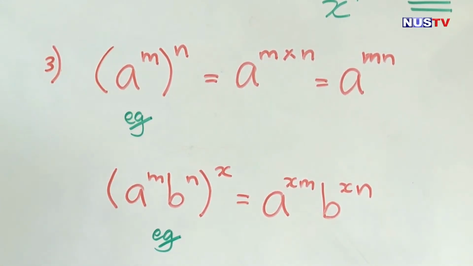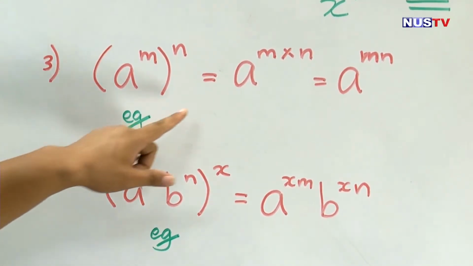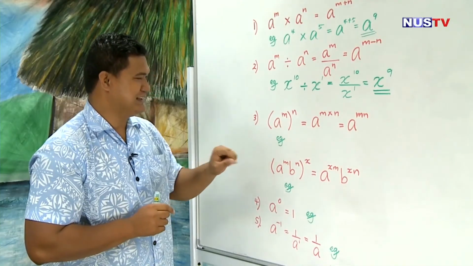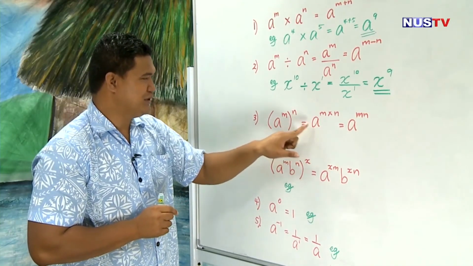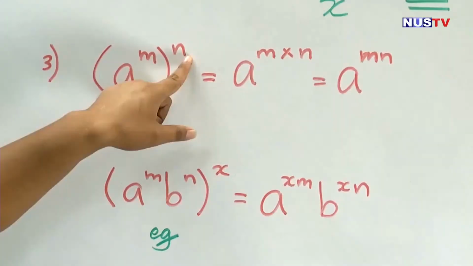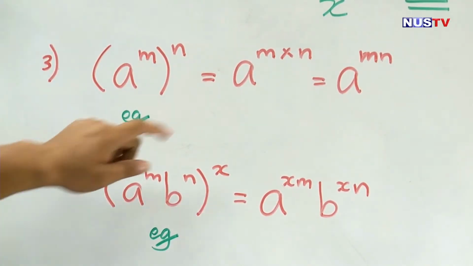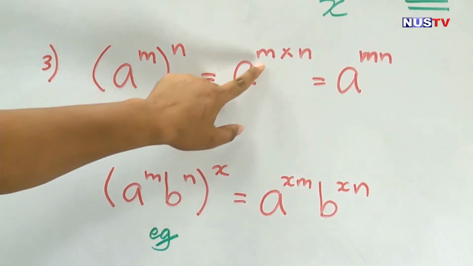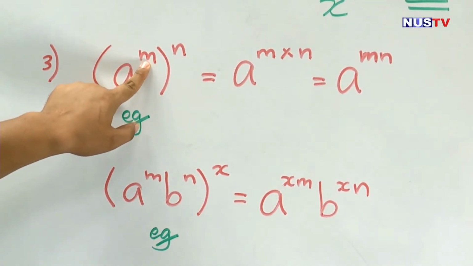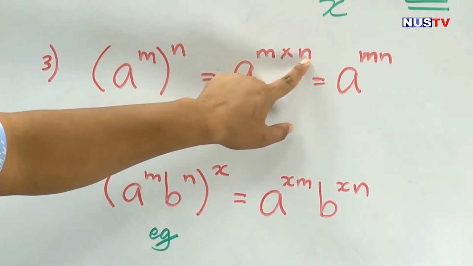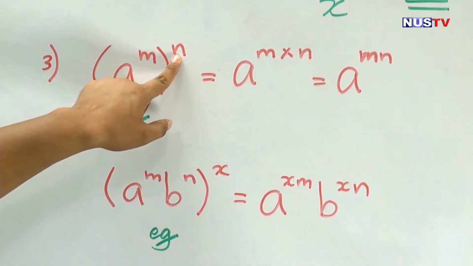When we have cases like this, the rule says all we have to do is multiply these two powers, m multiplied by n. So that's why we have a to the power of m, which is this one, and then multiply by n, which is the power outside.